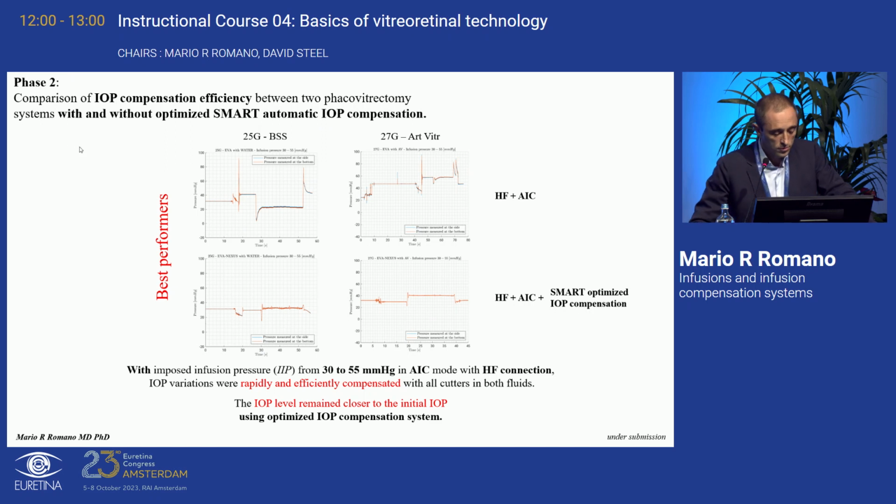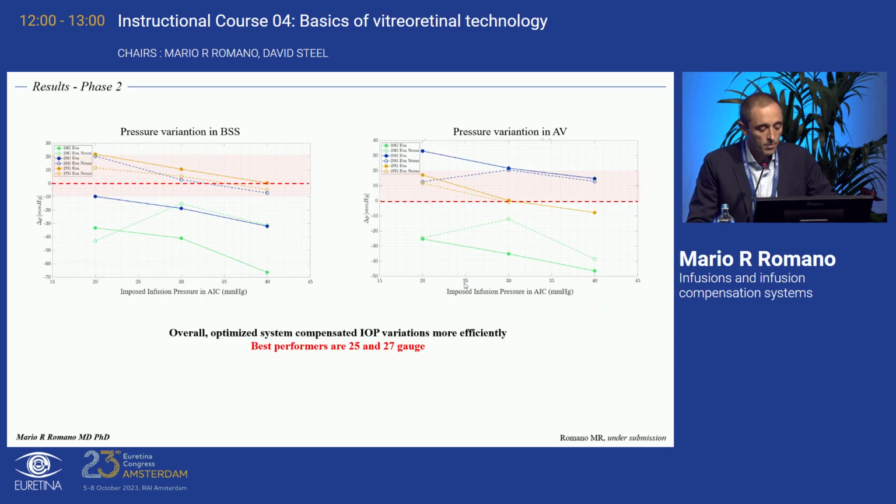Then in phase 2, which we just finished, we also added compensation through the software called Smart IOP Automatic Compensation, and with this it was even better optimized. As you can see here, there are just a few millimeters of mercury of changes in the different phases of our study. The best performers were 25 and 27.